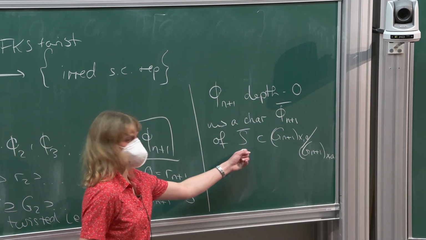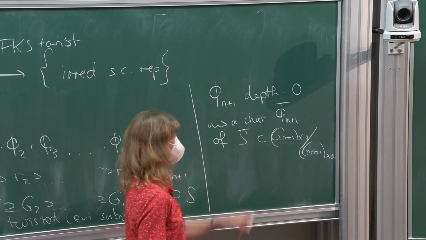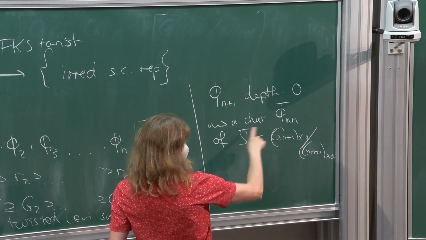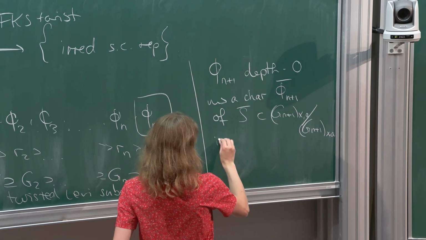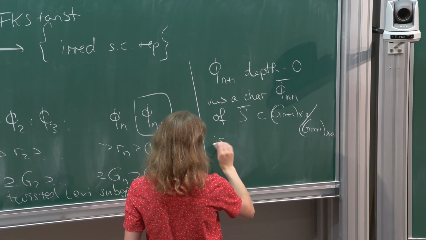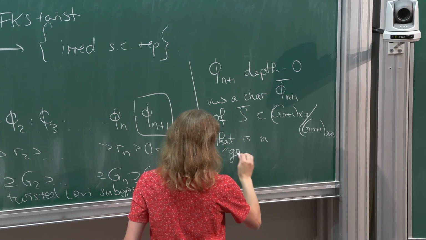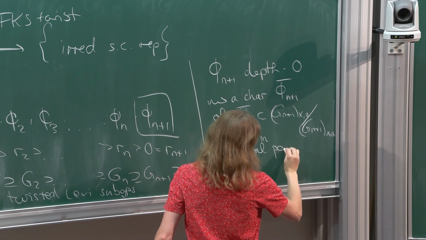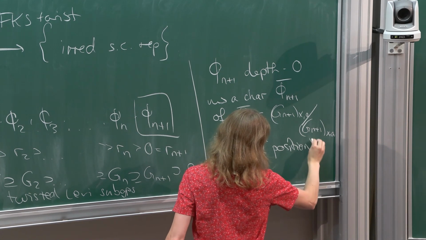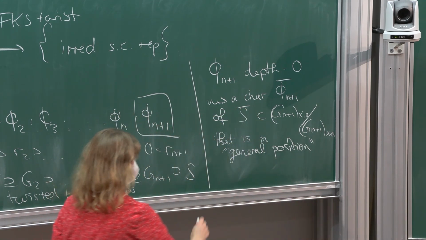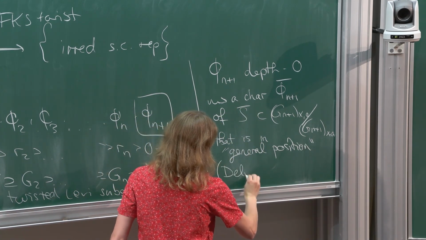So this is constructed from S, this is constructed from this character, and moreover, this character is in so-called general position in Deligne-Lustig theory, so general position following Deligne-Lustig.